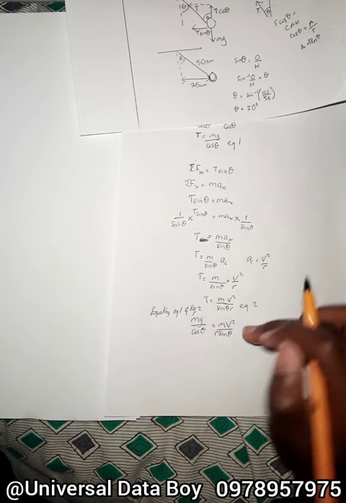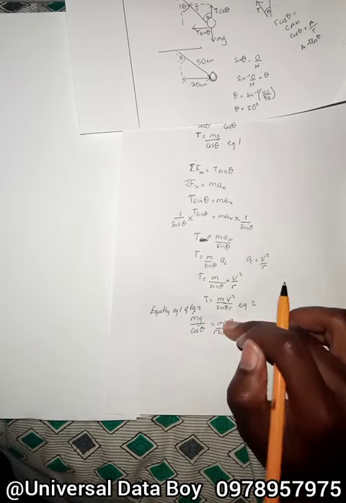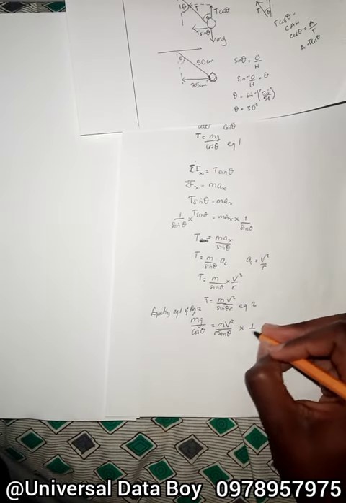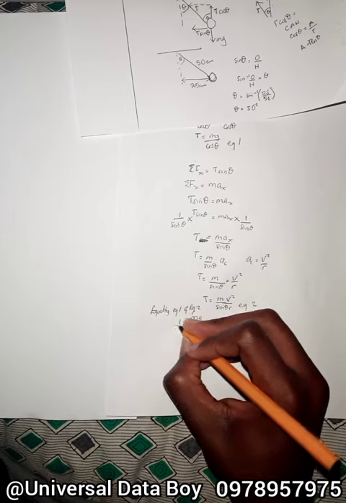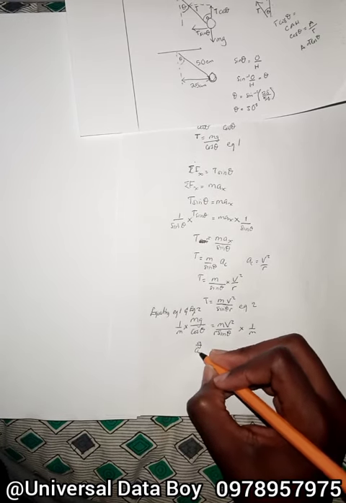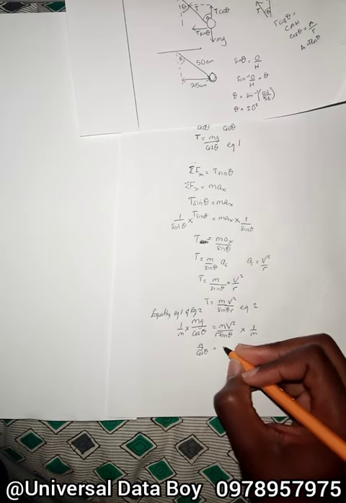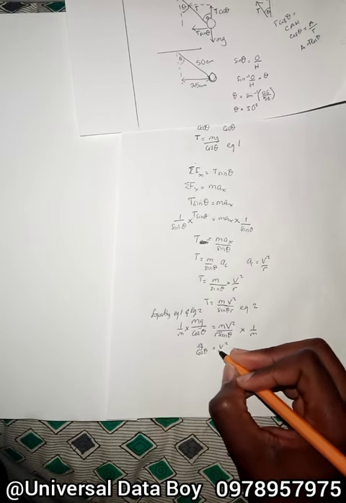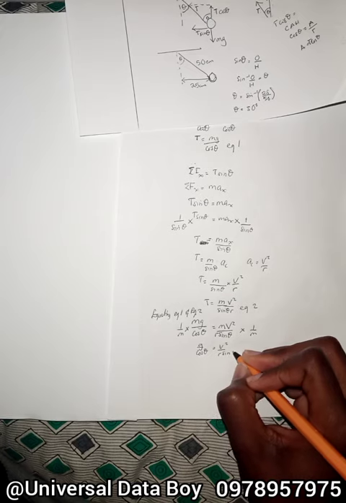You're going to notice something: we have common values here, the m there and the m there. So when we multiply both sides by 1 over m, the m cancels out. So we have g over cos of theta being equal to v squared over r sine of theta.